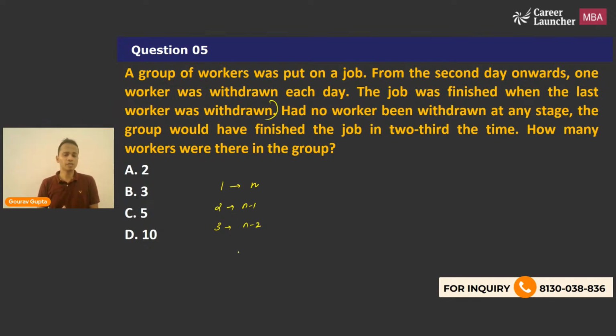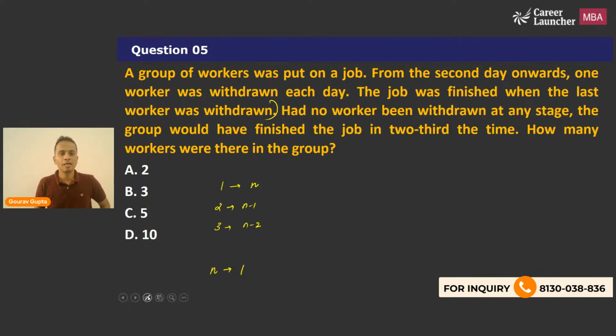So the last worker must have worked on the last day alone, right? Now we started with n workers and every day one is removed. So in a total of n days, on the nth day, one worker must have worked.